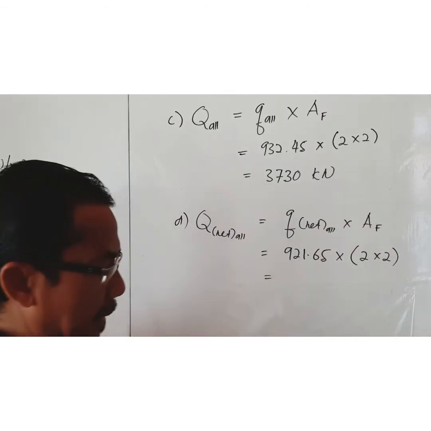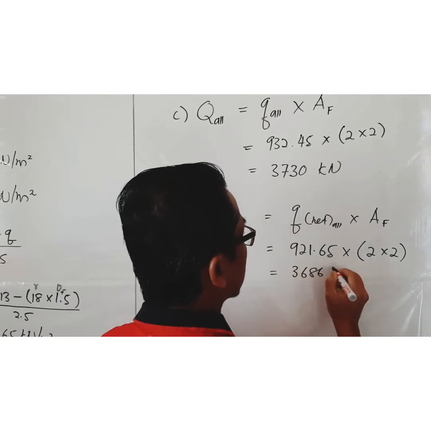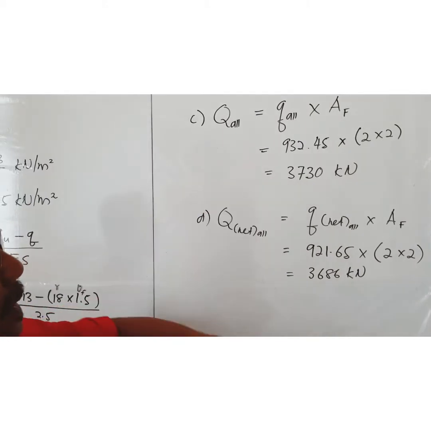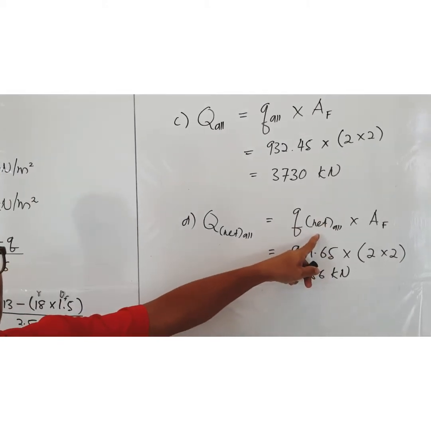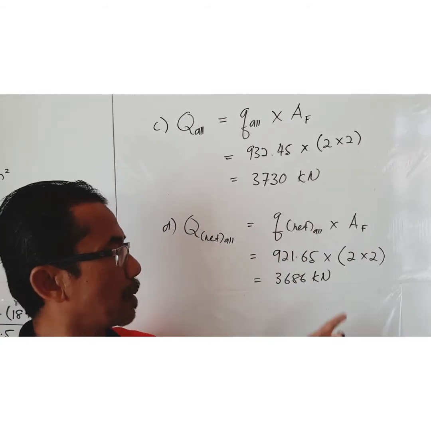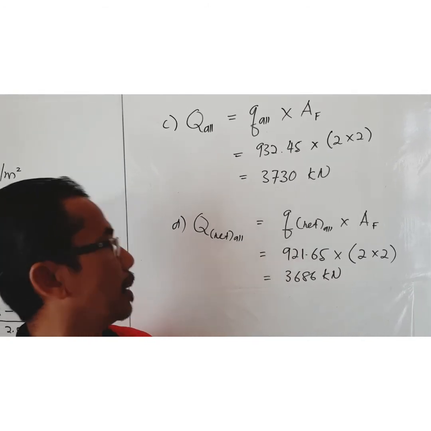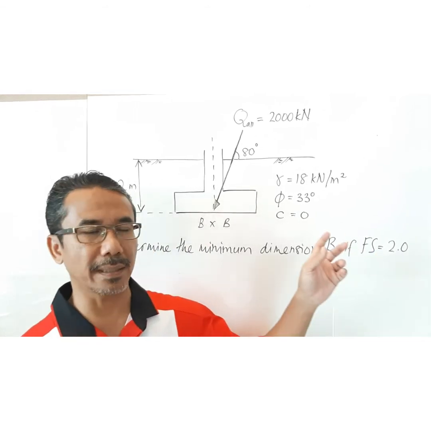Then the final answer here is 3686 kilonewton. Just like in C, the final unit is kilonewton because q net allowable is in kilonewton per meter squared and the area is in meter squared. So meter squared and meter squared cancel, and the final unit is kilonewton. Okay, this is the example.